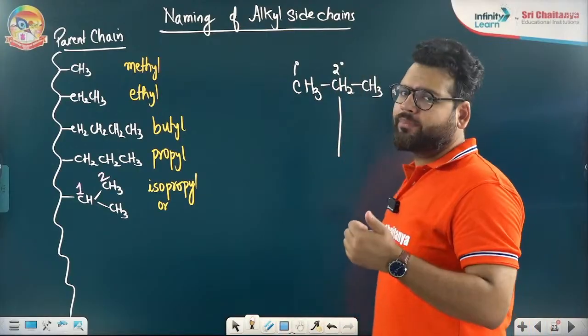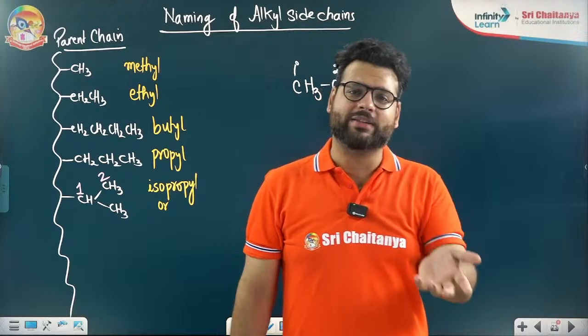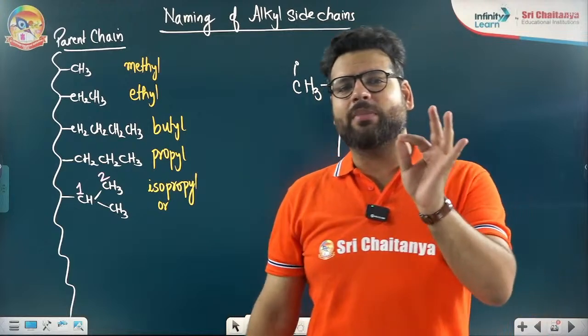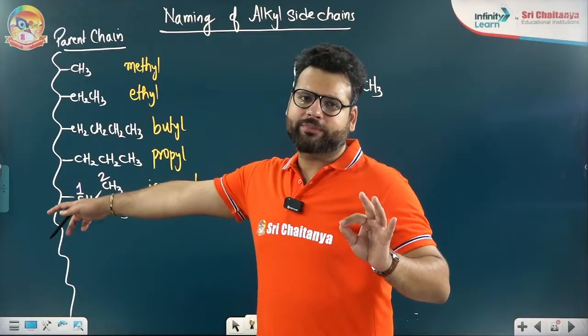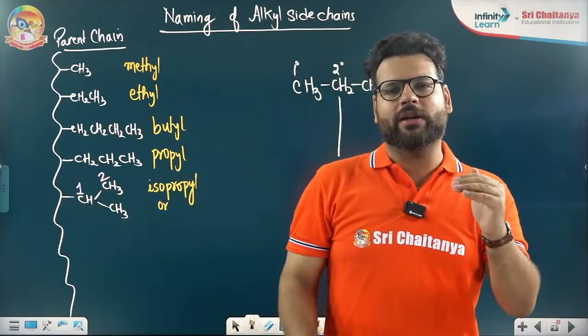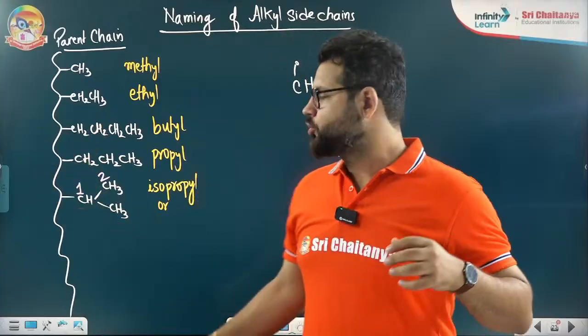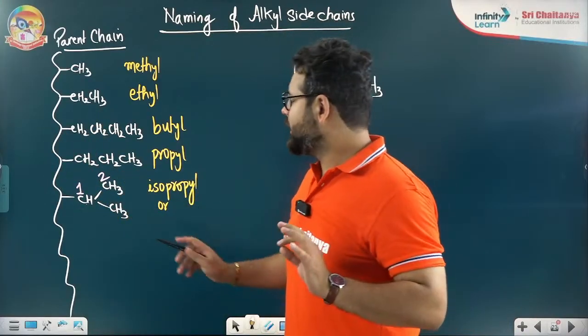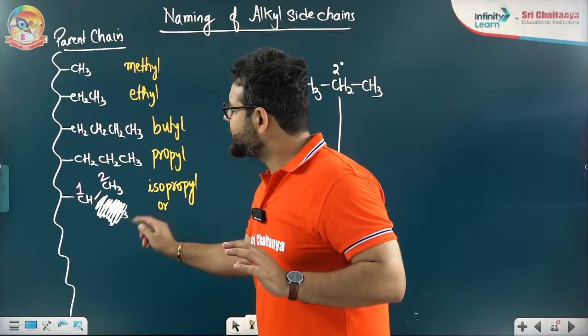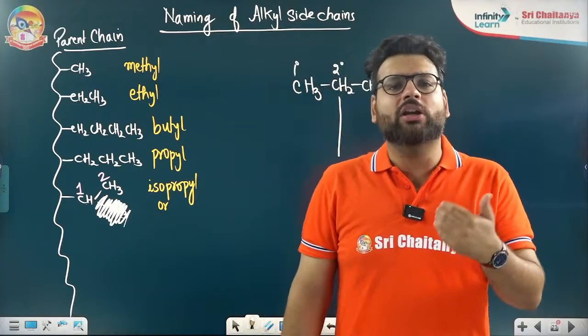Another way to name the complex chain is giving number 1 to the directly attached carbon, and choosing the longest chain. So if I take number 1 to be this, I can get only a 2 carbon chain, so I am getting it as an ethyl. But it's not a normal ethyl.